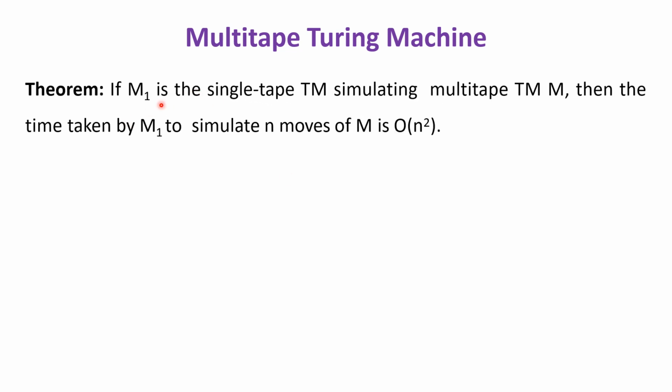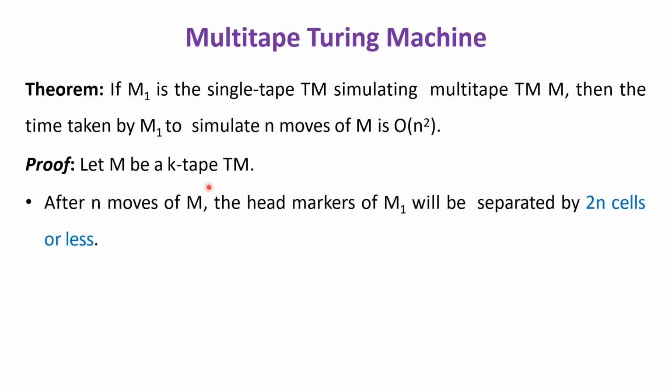So let us see one more theorem on multi-tape Turing machine, which states that if M1 is the single tape Turing machine simulating multi-tape Turing machine M, then the time taken by M1 to simulate n moves of M is big O of n square. To prove, let M be a k-tape Turing machine.